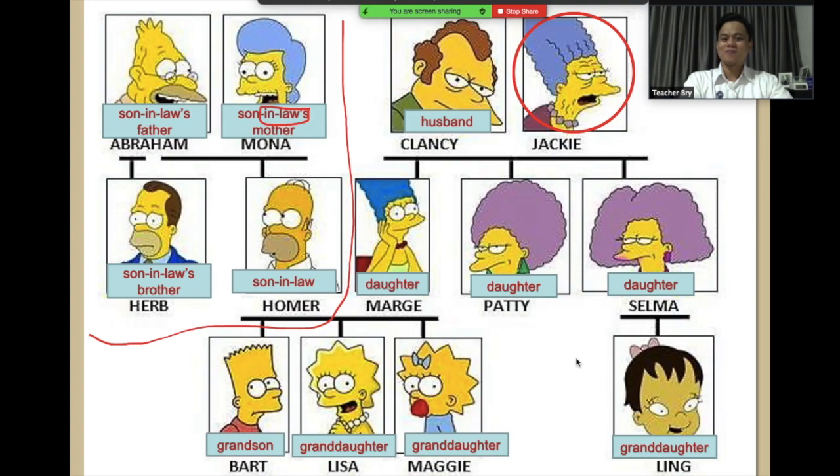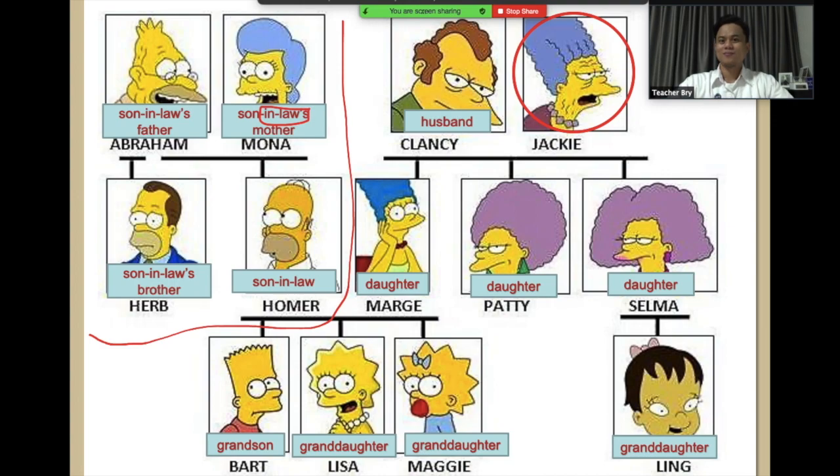Last question. No, second to the last question. How many grandsons does she have? Grandson. Right, only one, and that is Bart Simpson. Very good. Now, how many grandchildren does she have?